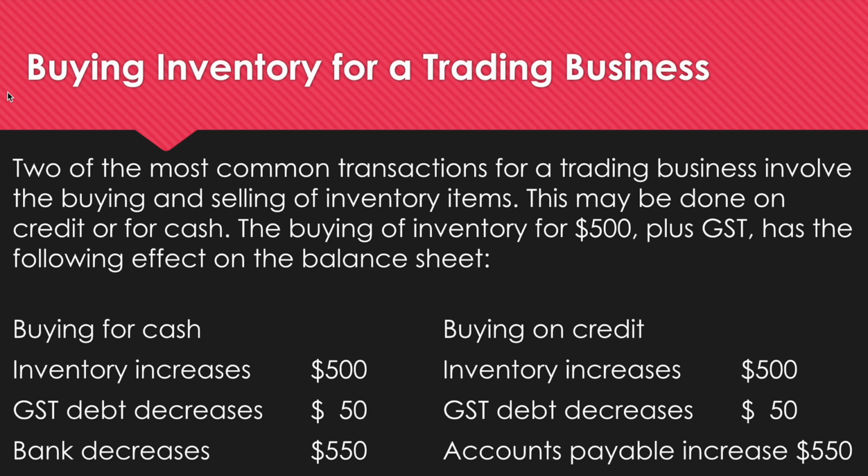You're not spending your own money. Whereas for cash, the bank decreases because you're spending your own money from your own bank, money that you don't owe anyone. So those are the two differences between inventory for cash and credit.